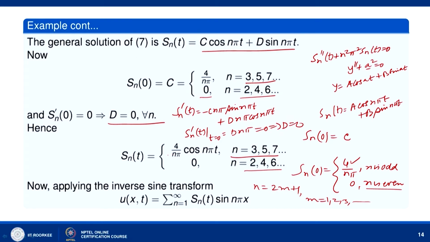So this will become 4 over (2m plus 1) pi cos (2m plus 1) pi t, and we multiply by sin n pi x, so sin (2m plus 1) pi x, and the summation will run over m from 1, 2, 3, 4 and so on up to infinity.